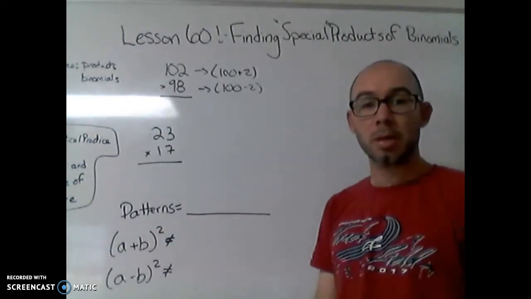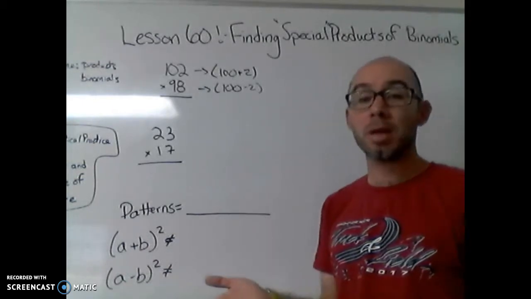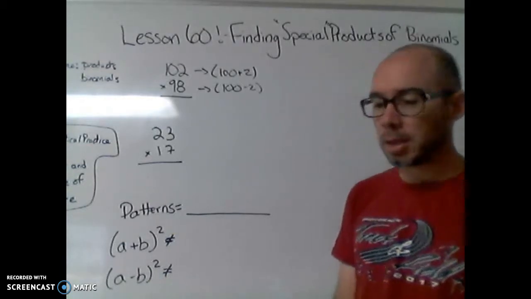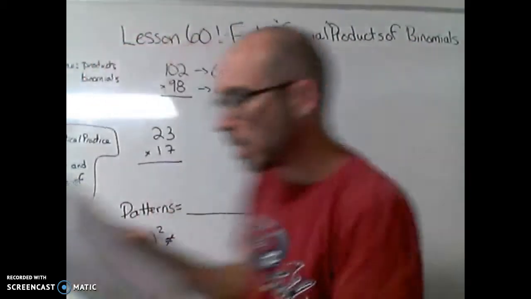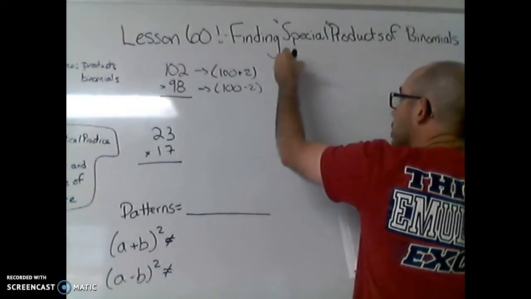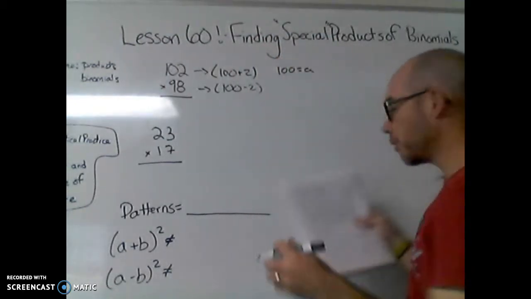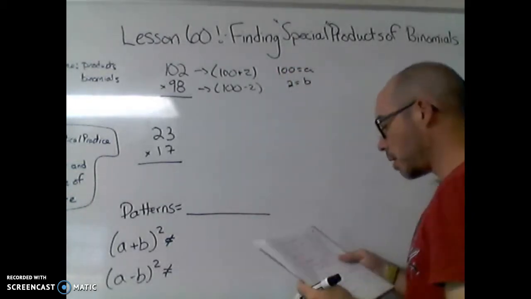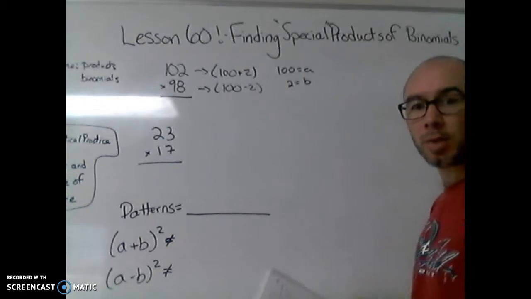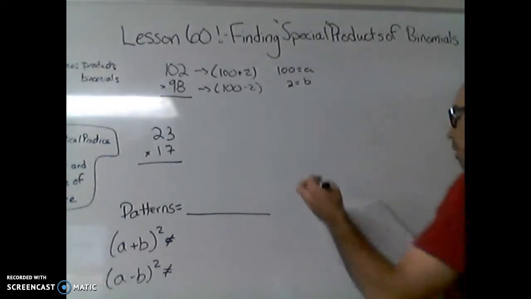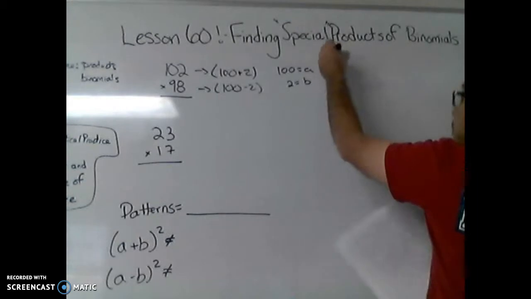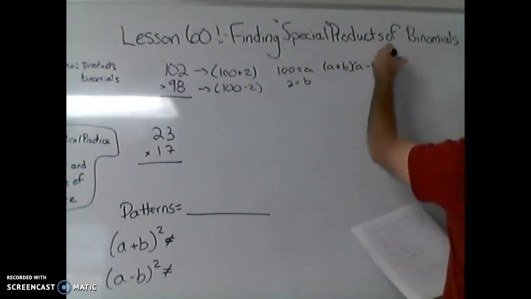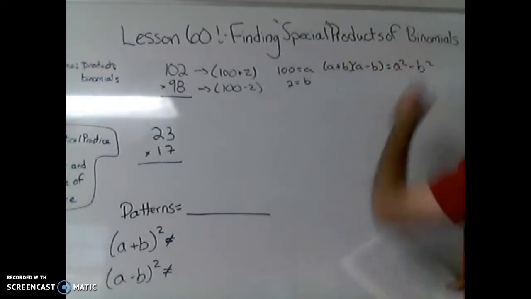It has two pieces, and 100 times 100 is easy to do, and 100 times 2 is easy to do. So if I set 100 to be A for now, and 2 to be B, I can follow one of the rules we'll get to at the end of the lesson: A plus B times A minus B has to be A squared minus B squared.